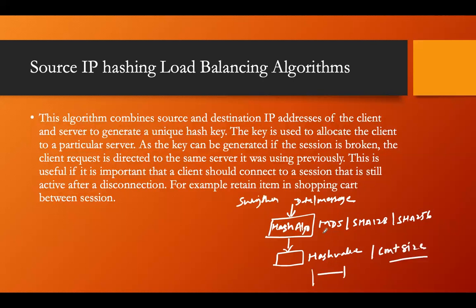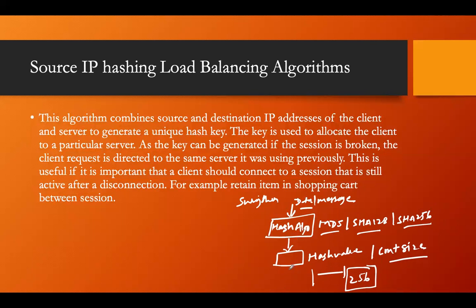Let's say it produces 128 bit, or 256 bit. Let's say I am using SHA 256, so the size of the hash value is always 256. This is the one thing. The second thing is, if I give the same data to a specific algorithm, it will give me the same output. Same data, same output.